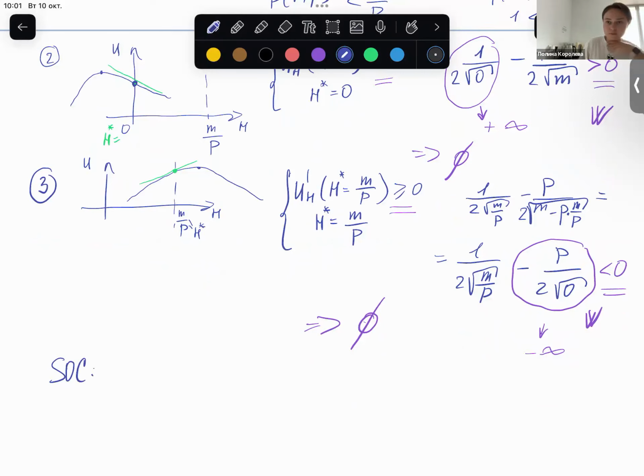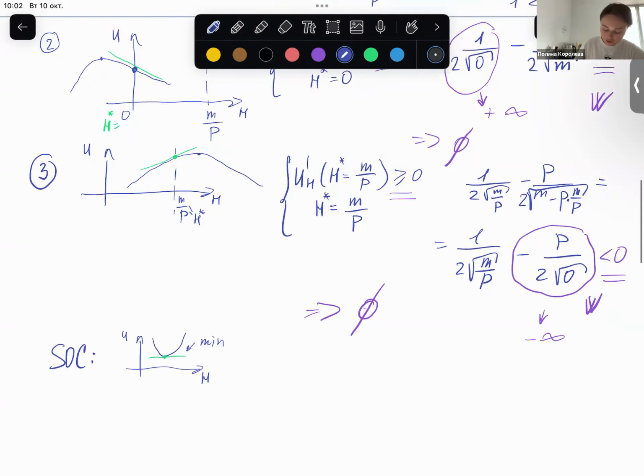We should prove that this point in which we will consume is actually for maximum of utility level, because here can be other situation that our utility looks like this, and in this point its tangent line is also horizontal, but we should check that we are speaking about maximal level of utility. So here we will have minimum, but we should check that we will reach maximum.